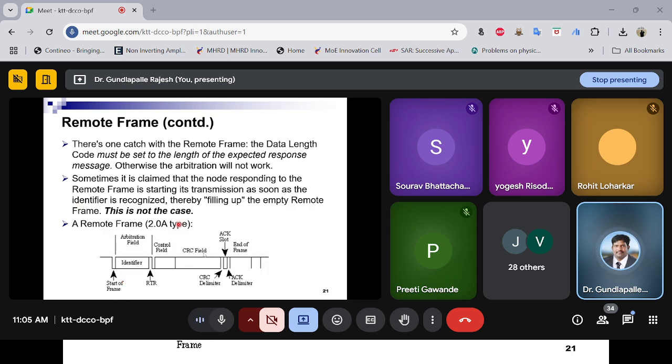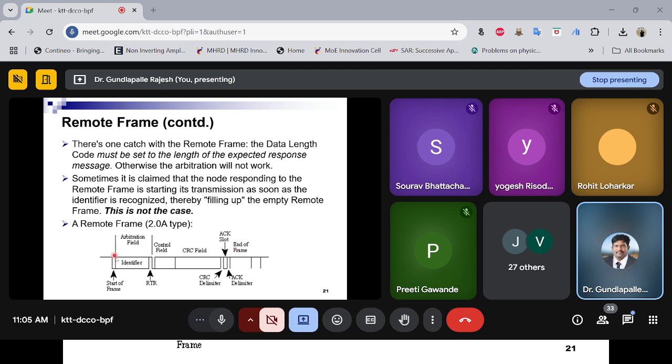This is a simple remote frame, which is used for referring to what data length is being transmitted every time, or any other information related to the data. You will have the start of the frame, the end of the frame, then a control field, and a CRC field with an acknowledgement slot.